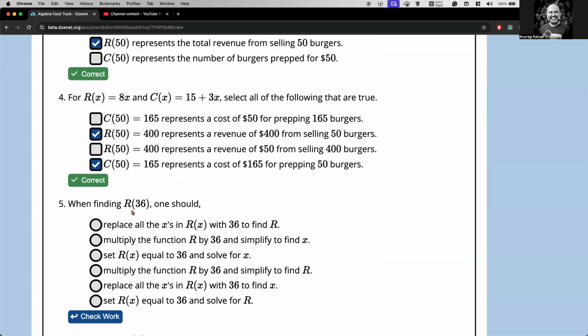When finding R of 36, ignore the sentences. What does 36 represent? Dependent or independent variable? Independent. And what is normally here instead of the 36? So what are we doing when we find R of 36? Think about what we did when we found B of 9.